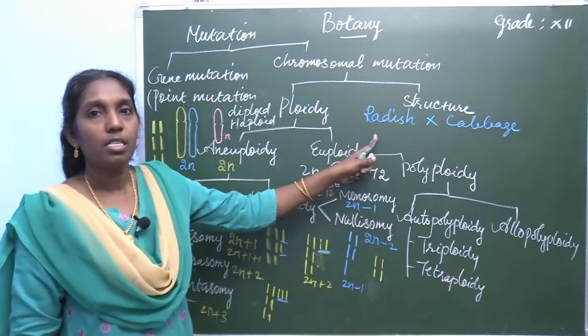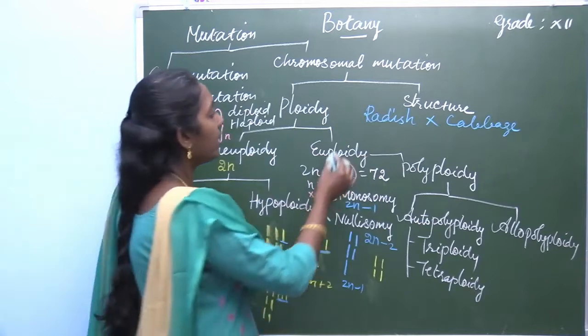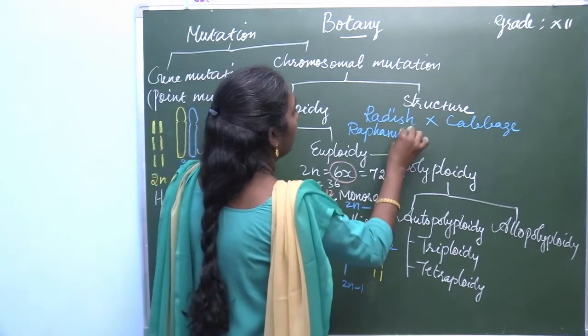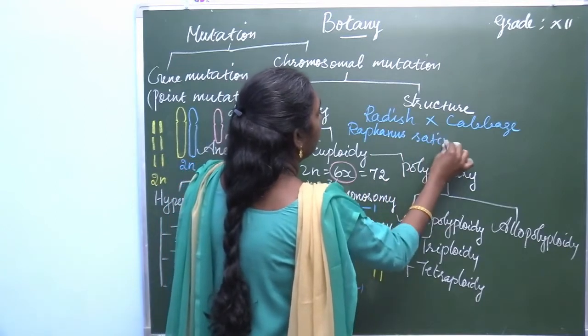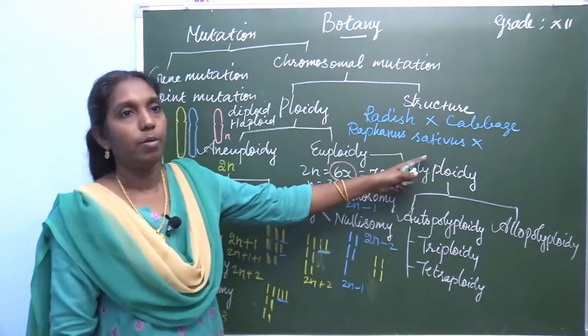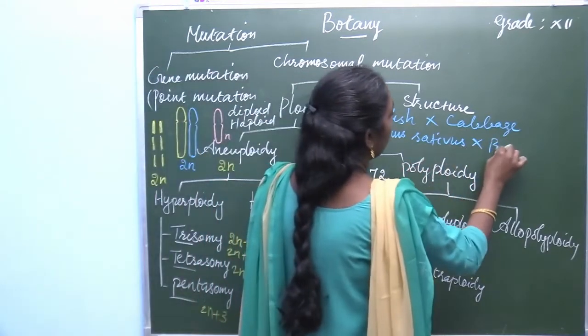The parent is radish, Raphanus sativus. This is cabbage, Brassica oleracea.